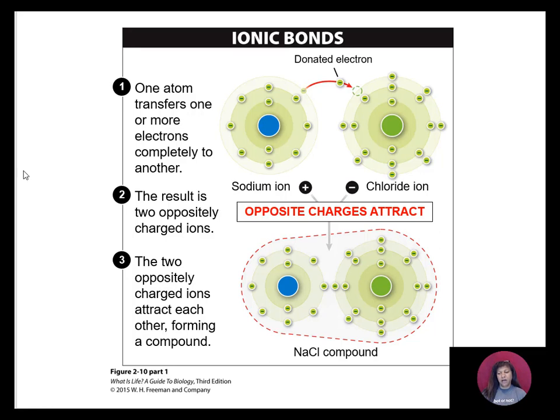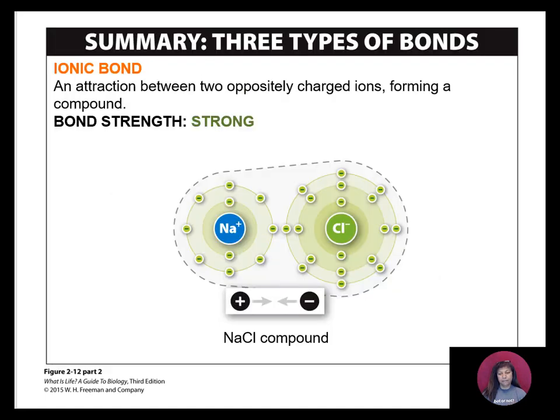When we have our ions that are being created, our example was sodium and chloride, making sodium chloride. So that's your ionic bond. So we have the covalent bond and we have the ionic bond. And remember, the ionic bond is a strong bond. Okay, covalent bond is a strong bond. The ionic bond is a strong bond.